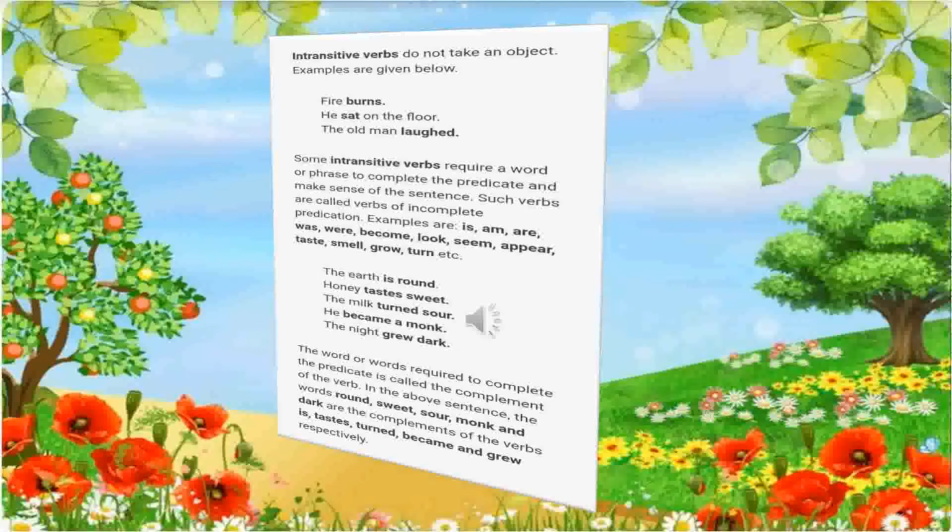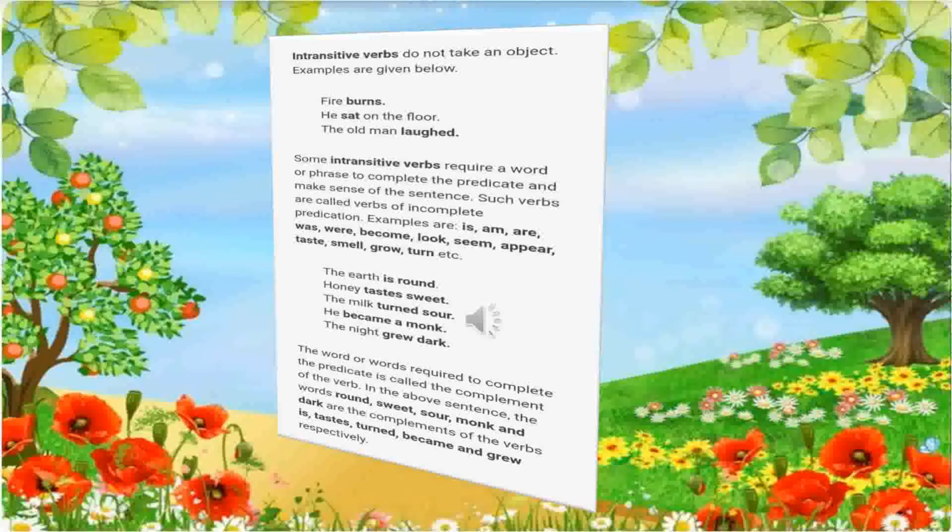Such verbs are called verbs of incomplete predication. Listen, verbs of incomplete predication. Examples are is, am, are, was, were, become, look, seem, appear, taste, smell, grow, turn, etc. It is very clear from the following examples.